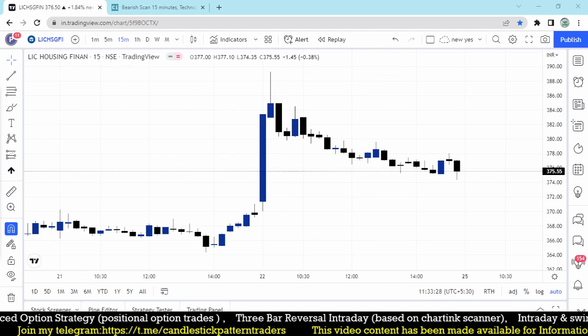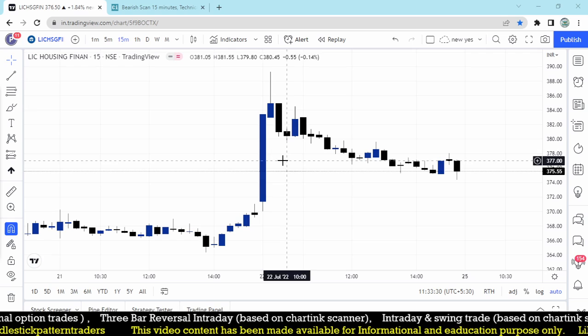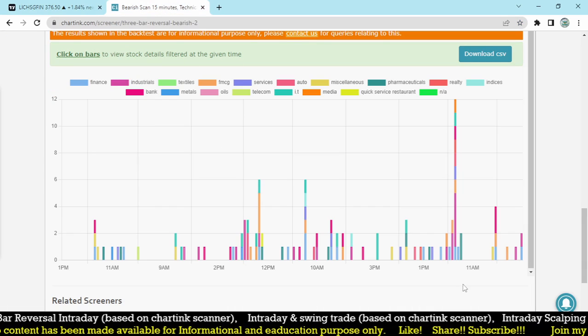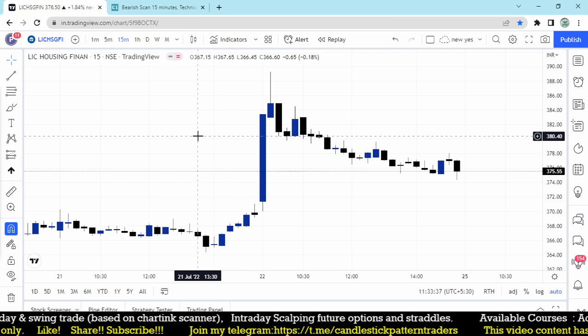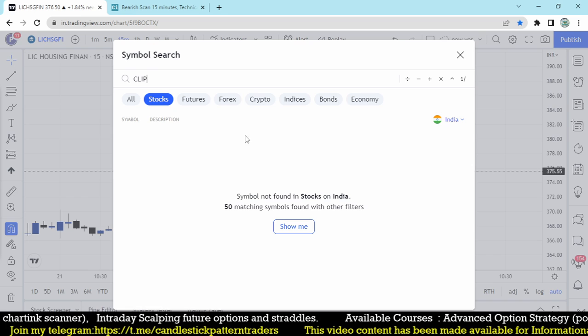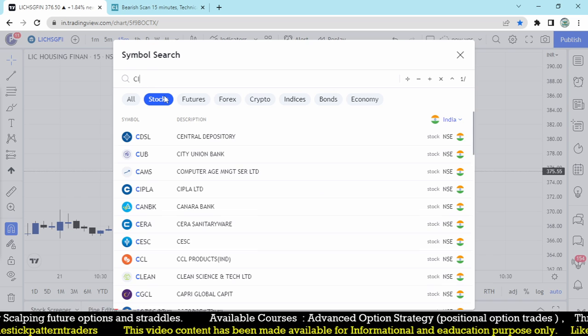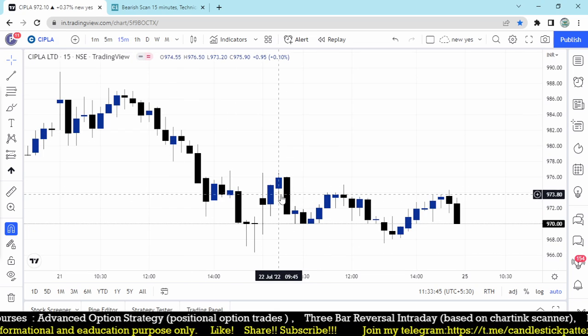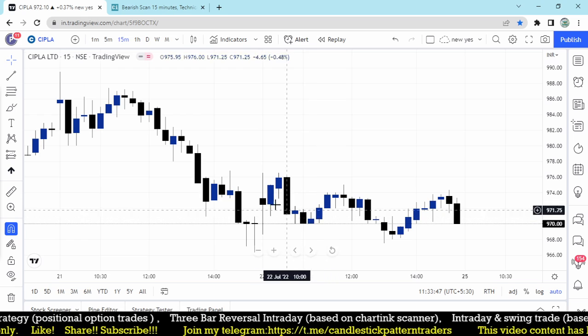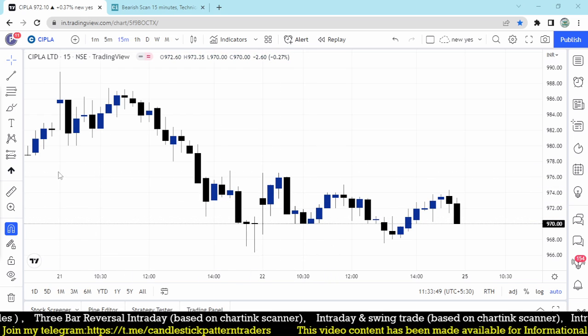We got a 3-bar reversal in LIC Housing Finance in the 15 minutes time frame, and after that we got 2 stocks, Cipla and Alkem Labs. Let's check Cipla. Here it never reached the target.